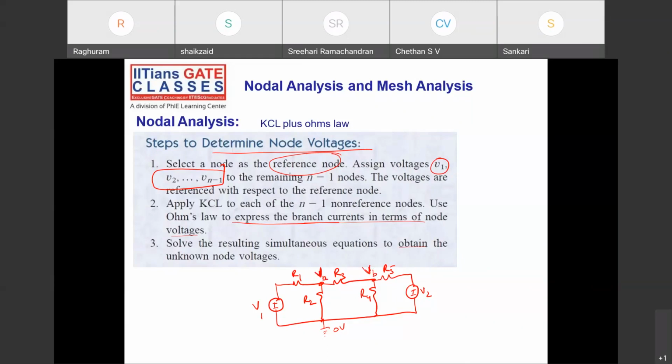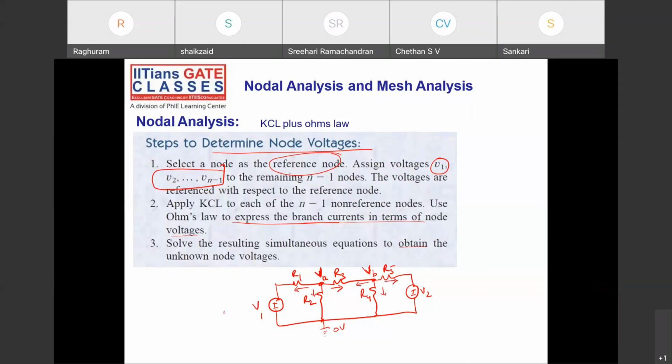So you have to express all the node currents in terms of node voltages. Remember this. Take all as leaving currents for each node. Always remember, you can take either leaving or entering currents.